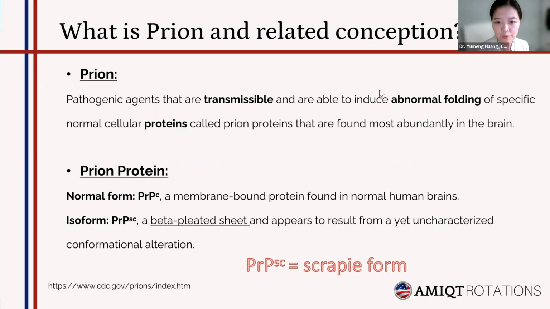The normal form of the prion protein, PrPC, is a membrane-bound protein abundantly expressed in the human brain. There is another isoform of this protein called PrPSc. The Sc stands for scrapie, and it is a protein rich in beta-pleated sheets that appears to result from a yet uncharacterized conformational alteration.